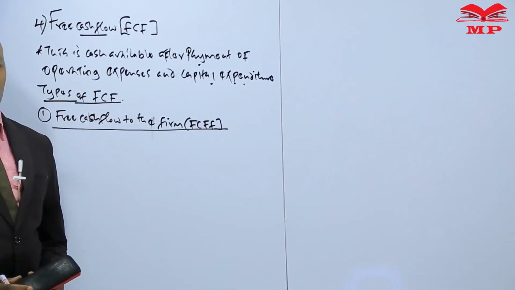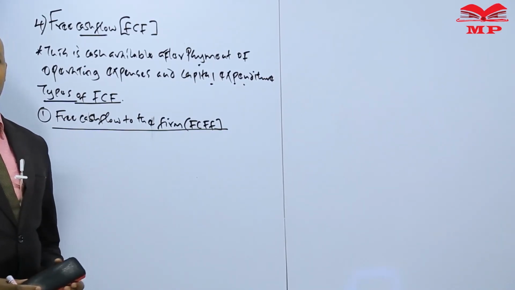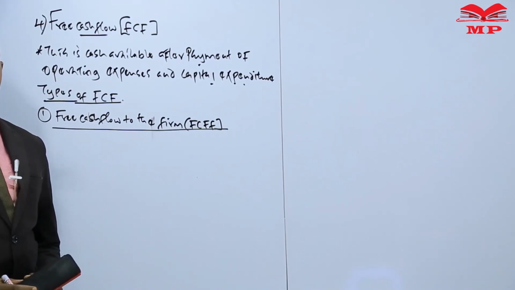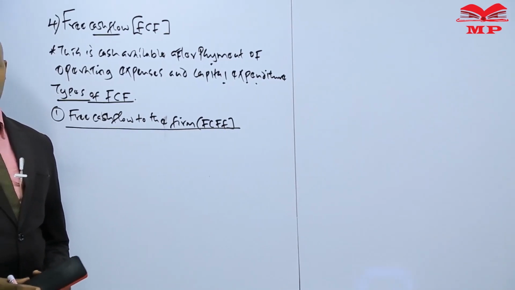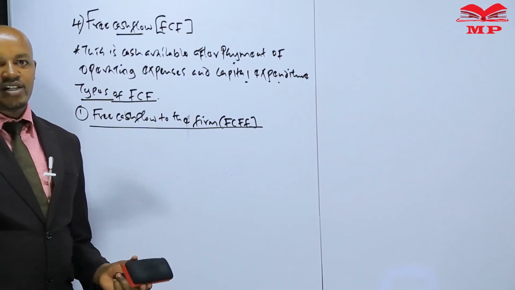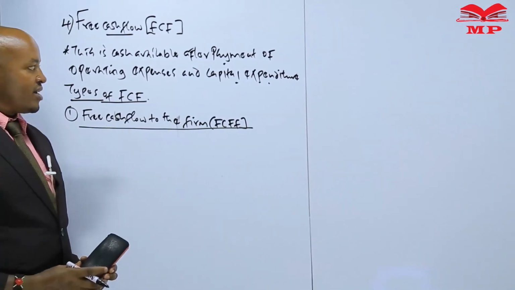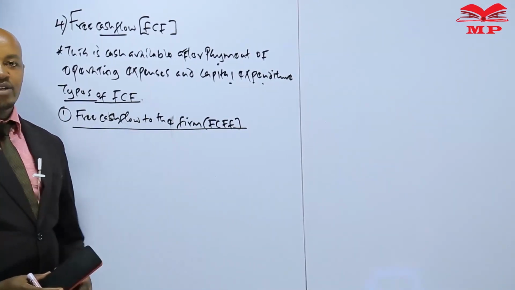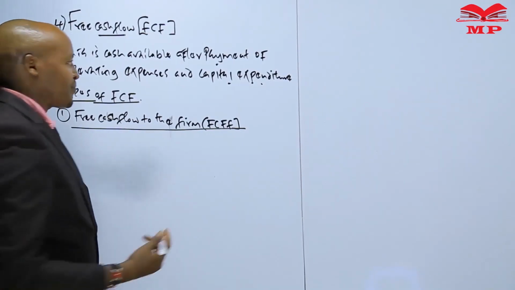When we talk about the free cash flow to the firm, this is defined as the amount of cash which is available to all the providers of capital, who include the shareholders and the providers of debt capital, after the company has paid both operating and capital expenditure.